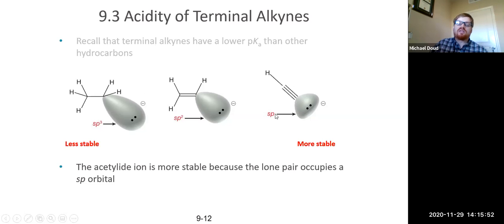So this lone pair in an sp orbital has 50% s character, whereas sp2 is 33% and sp3 is 25%. So with that increasing s character, we're going to increase the stability of this lone pair. So that's why acetylene or any terminal alkyne is going to be much more acidic than any similar hydrocarbon.